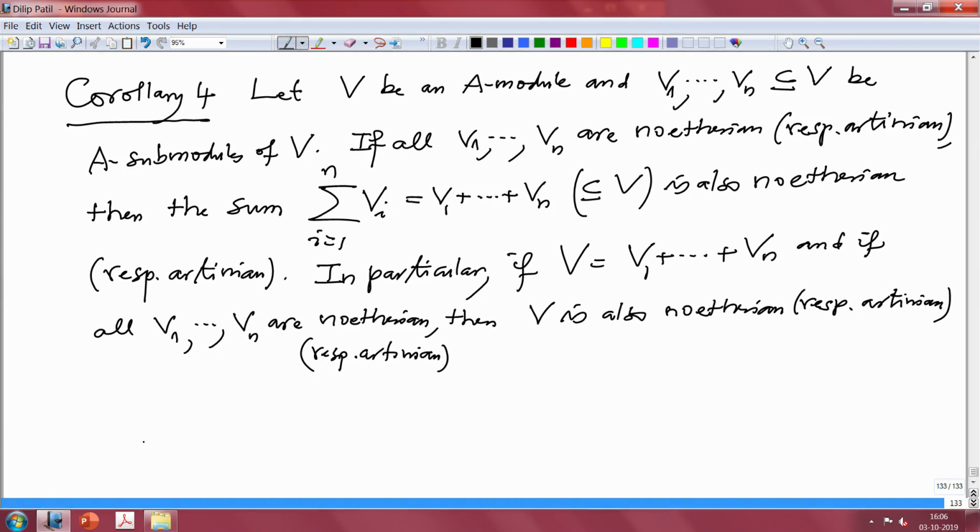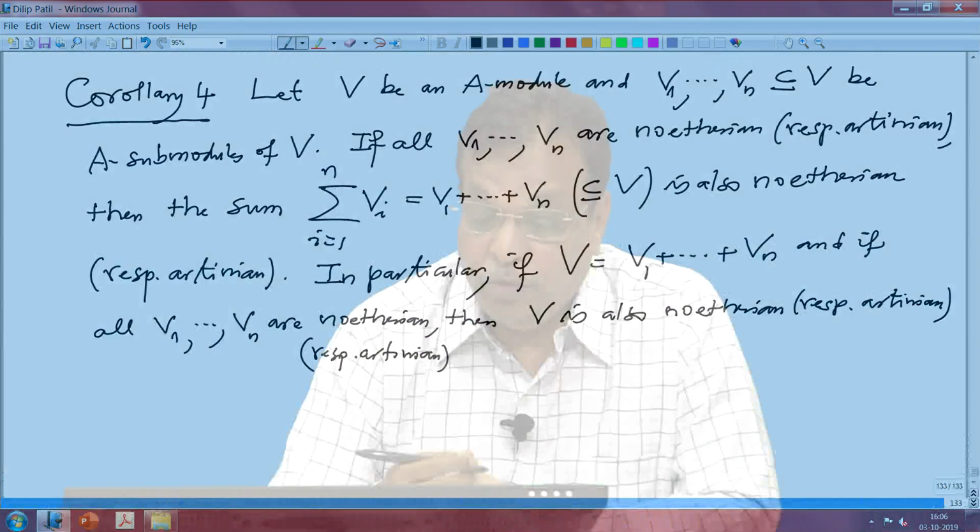So, this is useful to prove some module is Noetherian, because if somehow we know that a module is a sum of finitely many submodules each one of which is Noetherian, then the module will be Noetherian.